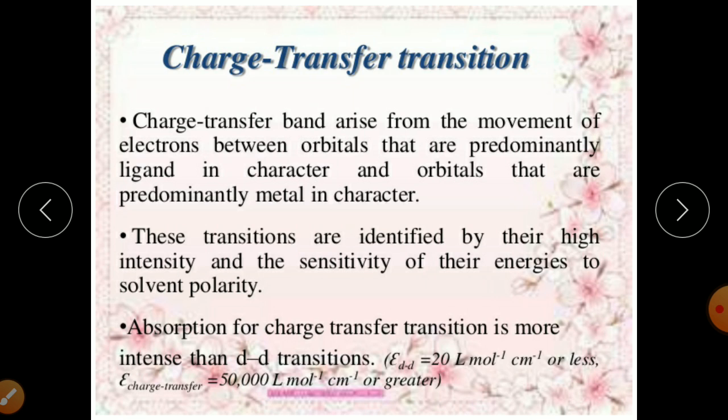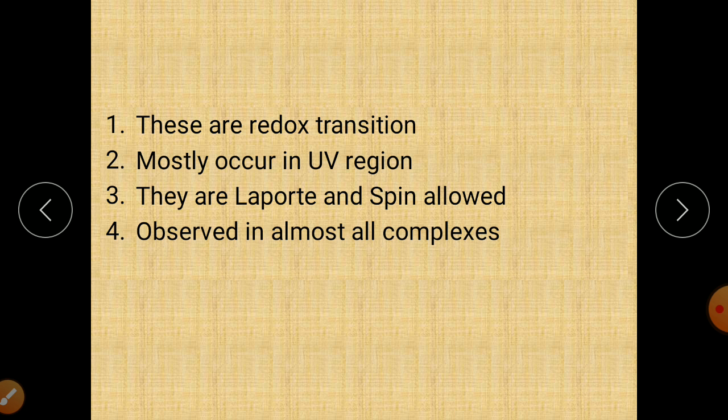These transitions are identified by their high intensity and the sensitivity of their energy to solvent polarity. The charge transfer spectra are generally observed in the UV region because the energy gap is maximum. And these transitions are more intense than d-d transitions. In charge transfer spectra, these are redox transitions.